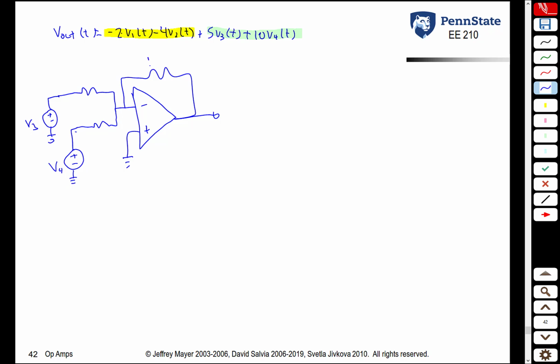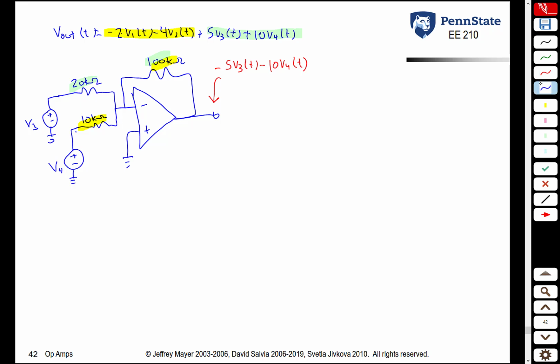So one option is to put a 100 kilo ohm resistor here, and then a 10 kilo ohm resistor here. This gives us a ratio of 100 to 10 or 10. And then put a 20 kilo ohm resistor here. This gives us a ratio of 100 over 20, which is 5. So the signal here, because it is an inverting summing amplifier, is going to be what? -5 V3 of t minus 10 V4 of t.